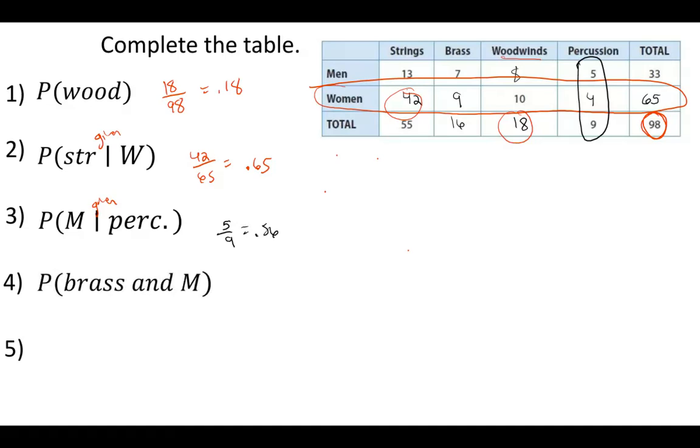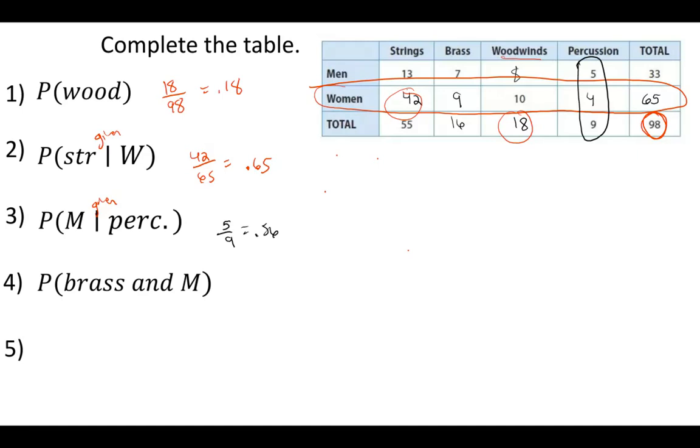Next up, the notation on this one is a little bit different, and that's because it's asking you something different, but I wanted to throw this in because your book does ask you about this. One of the problems you're going to do, this is the probability of brass and man. So basically, you're just identifying a single cell in this one. There's no conditional, so you're not eliminating anything else.